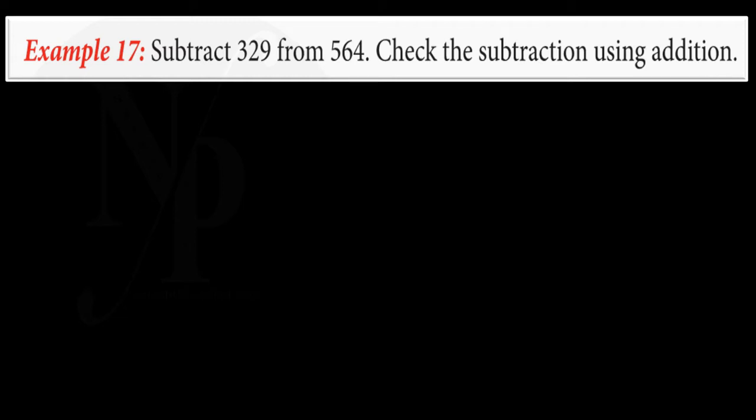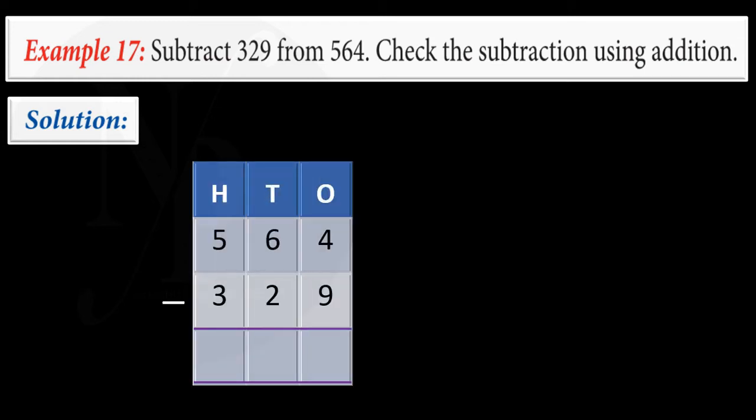Now let us see how it can be done. Solution. Here the given numbers for subtraction are written in place values table according to their place values. So 564 is written here, from which we have to subtract 329. Both of these are 3-digit numbers.